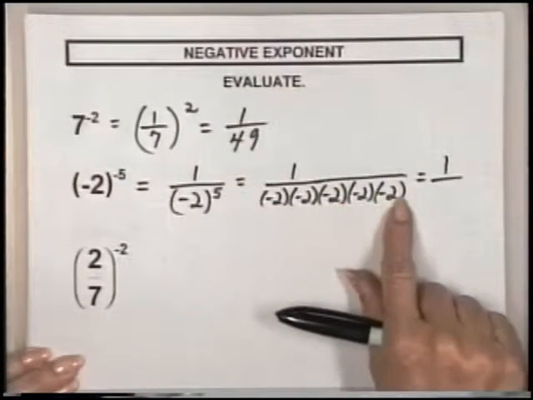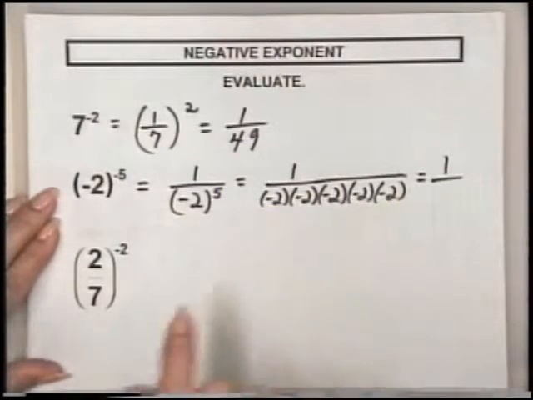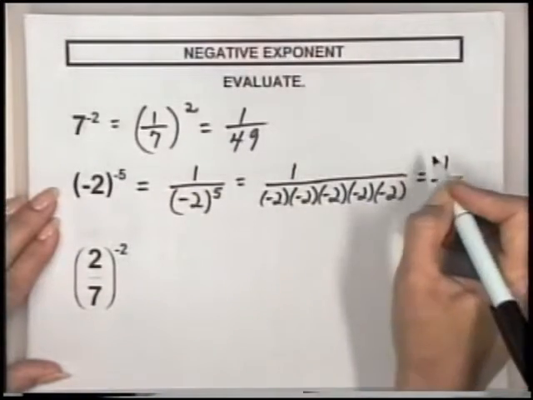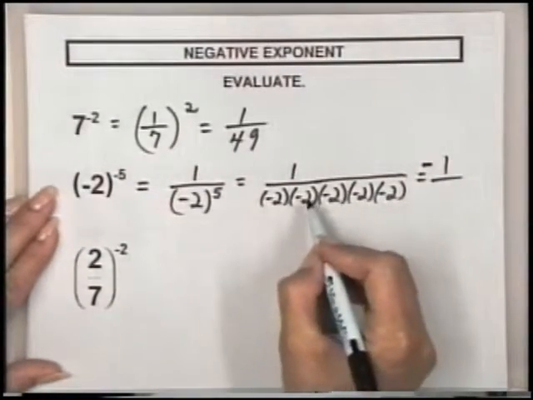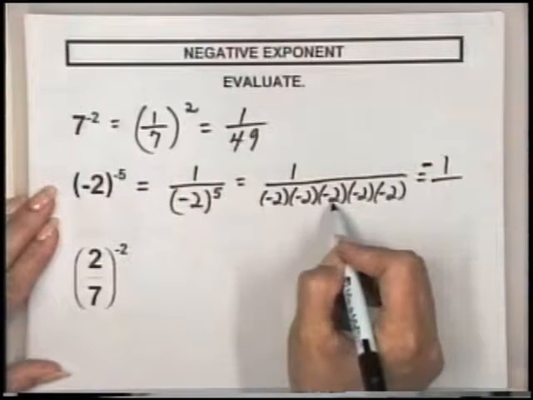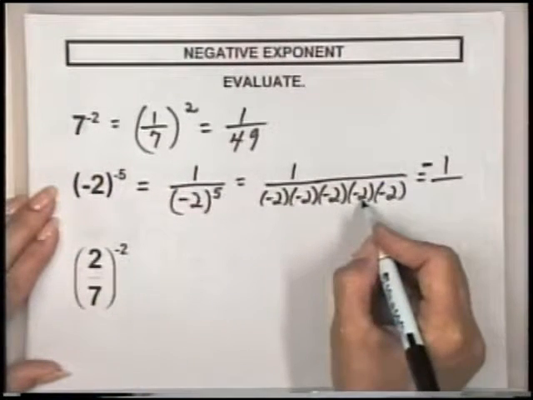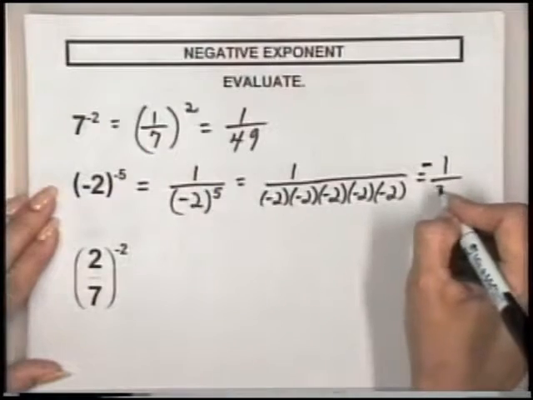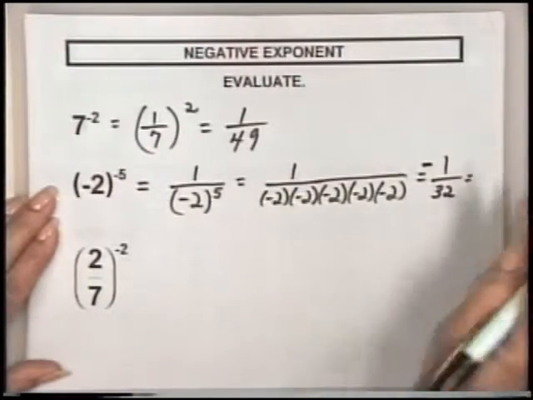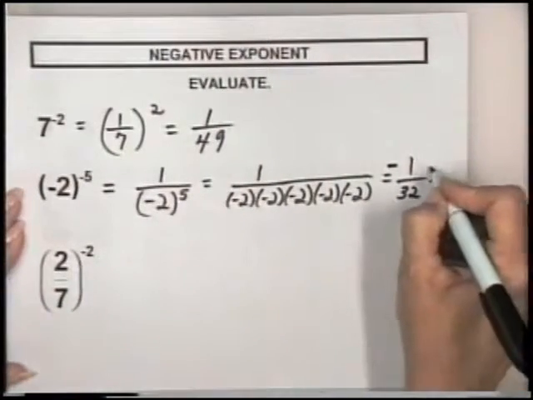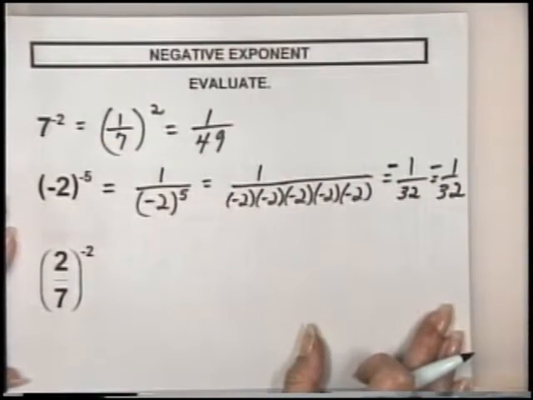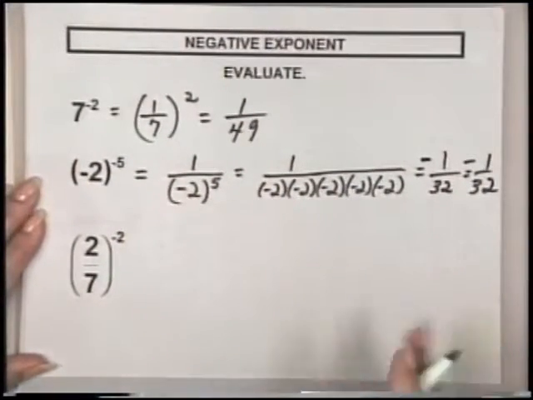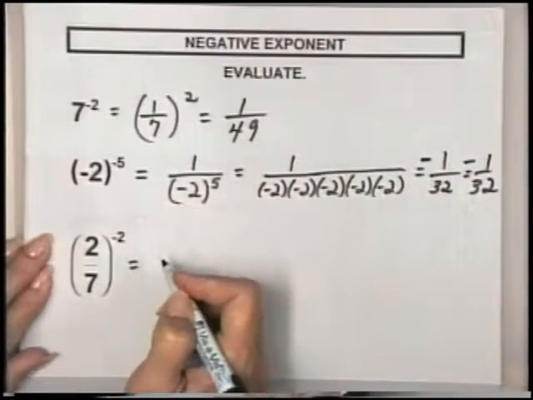Now this time I am multiplying a negative times itself 5 times. Since that's an odd number of negative signs, I know that I will get a negative answer. 2 times 2 is 4, 4 times 2 is 8, 8 times 2 is 16, and 16 times 2 is 32. So my final answer here is minus 1 over 32.